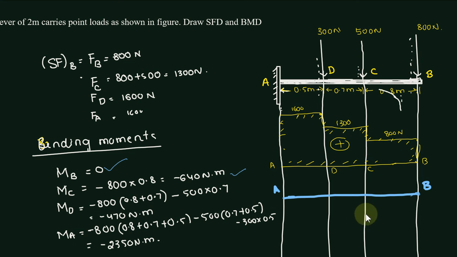So at C, I will note it as minus 640 Newton meter, and here the bending moment at D is 470.